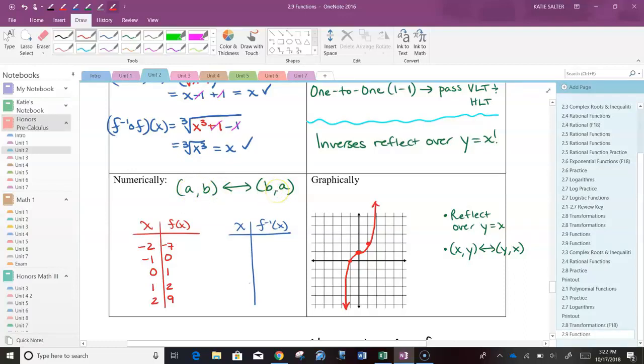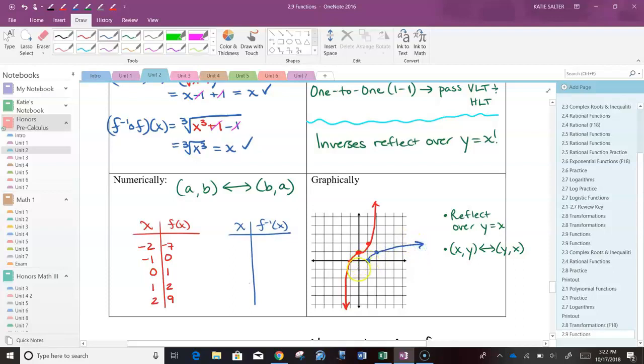So now, let's use our knowledge of cube root functions and graph the cube root function we created, which was the cube root of x minus 1. We know that that function would shift right 1, and then we would graph our cube root function. So if we pretend we're at the origin, we go right 1, up 1, right 8, up 2.